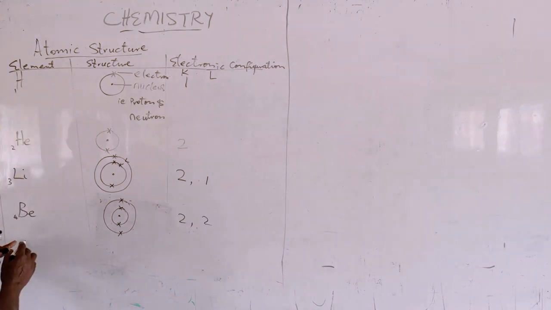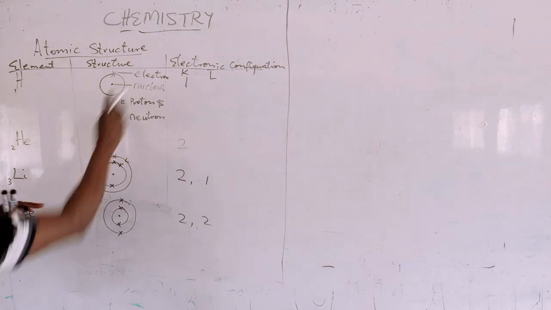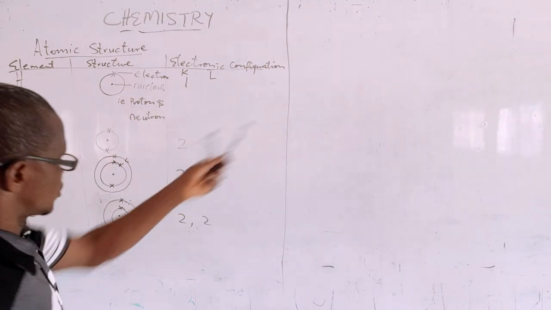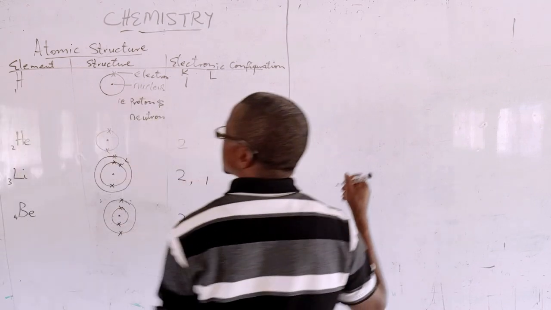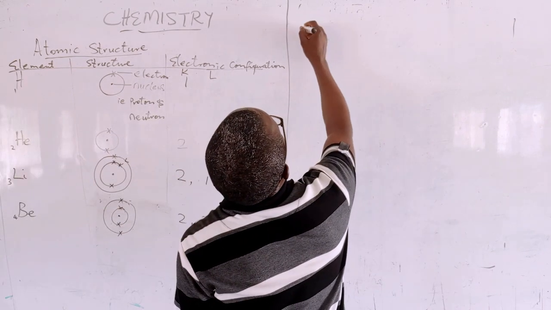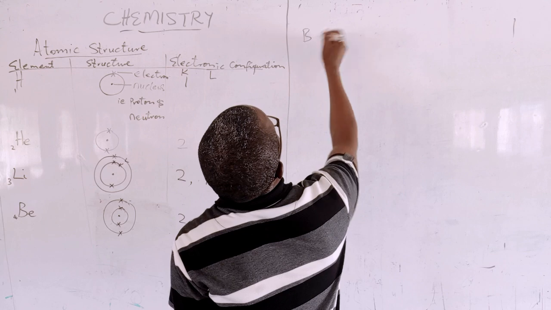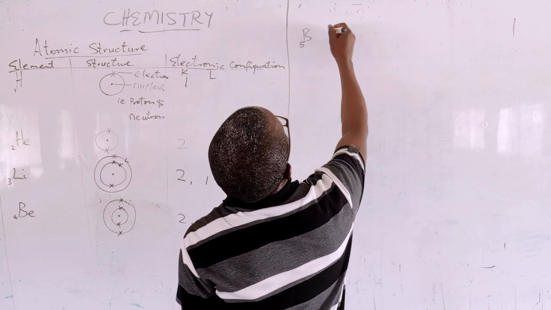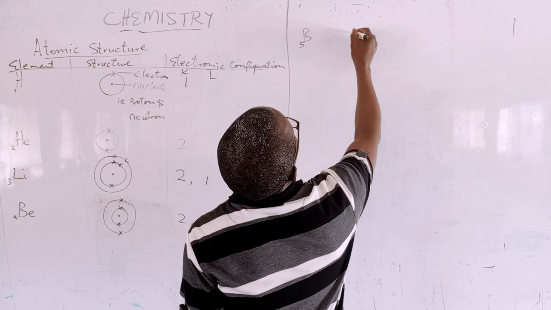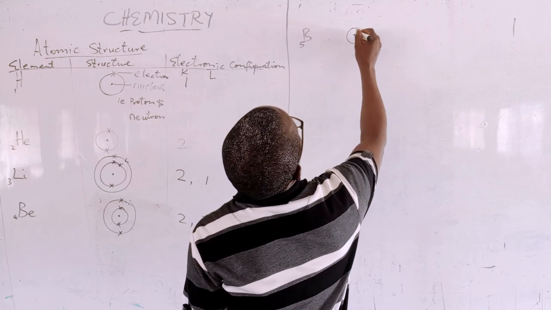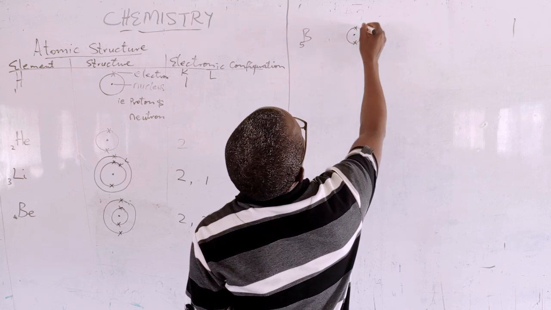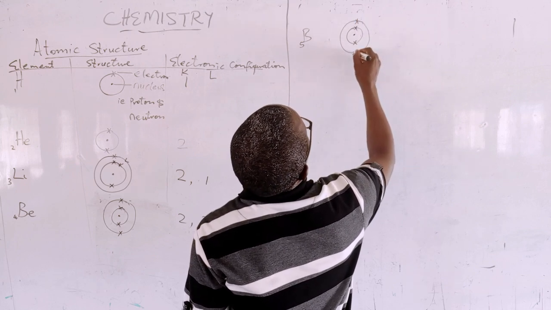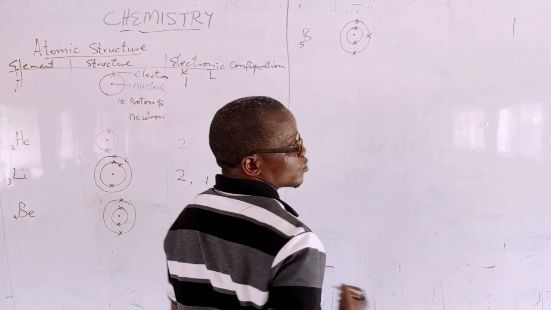Now the next is boron, atomic number 5. Then the first shell contains 2, the second shell contains 3. I like putting them north, south, east, and west.